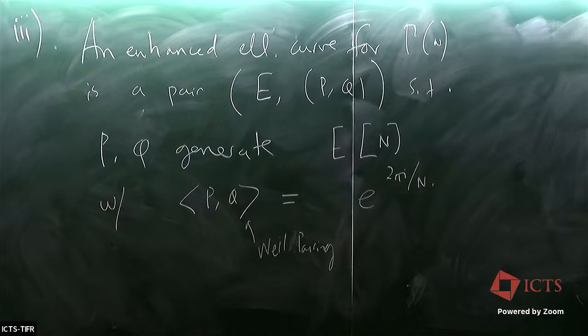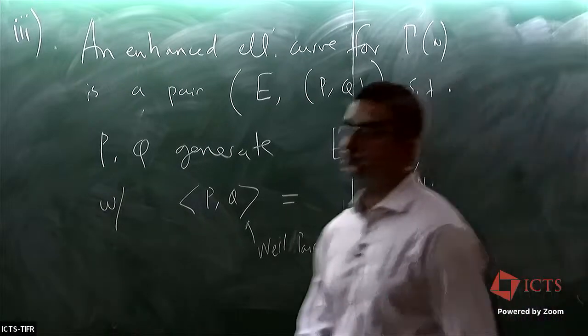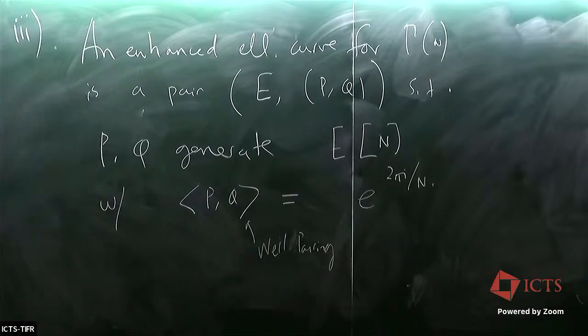So what is this Weil pairing? It's a pairing from the N torsion cross N torsion to Nth roots of unity, and it's given by the following formula.